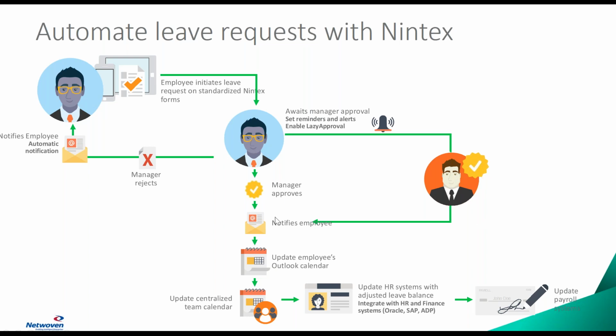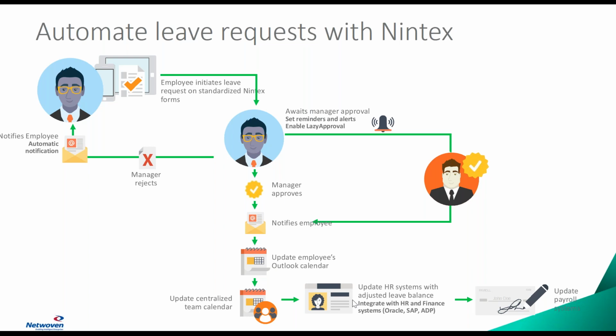The manager can approve it or reject it. If it gets rejected, it gets sent back as a notification to the employee. If it's approved, we can keep on pushing it. And with the Nintex workflow, we can update the Outlook calendar. We can do all kinds of things, all the way to connecting to back-end systems and automating this process. I've done this presentation a lot, and I've usually done it using the leave request.